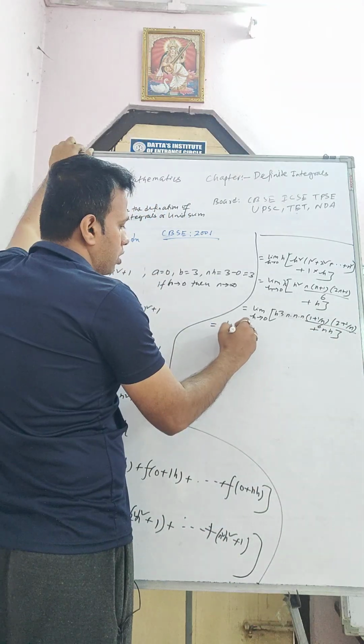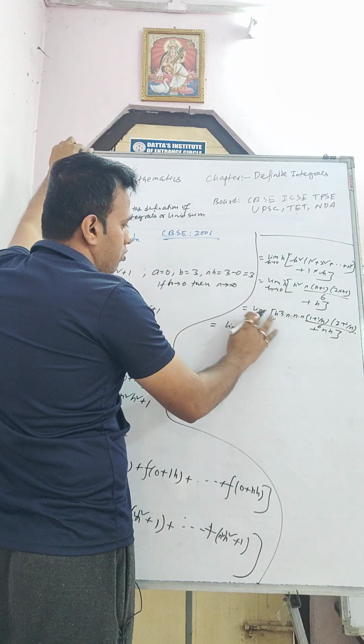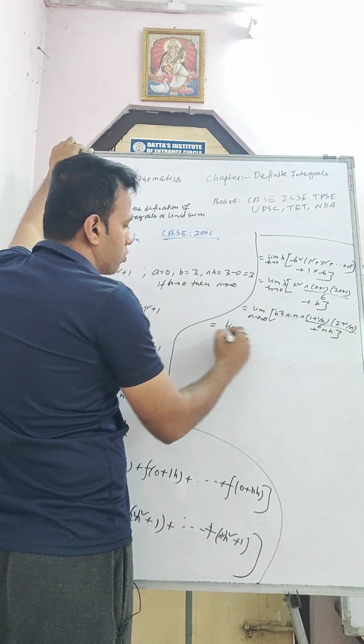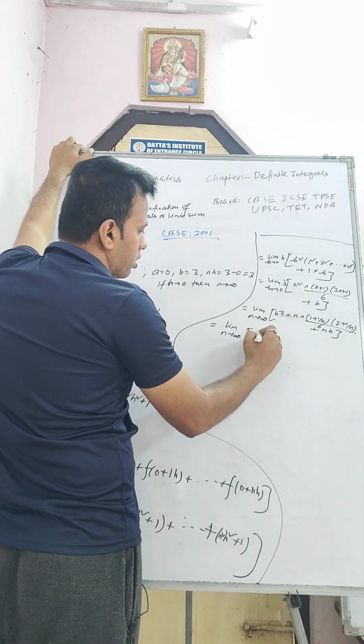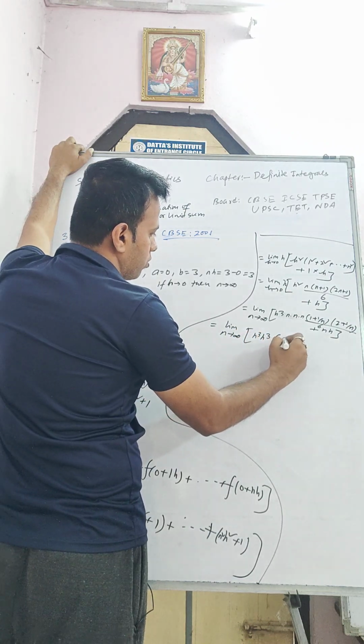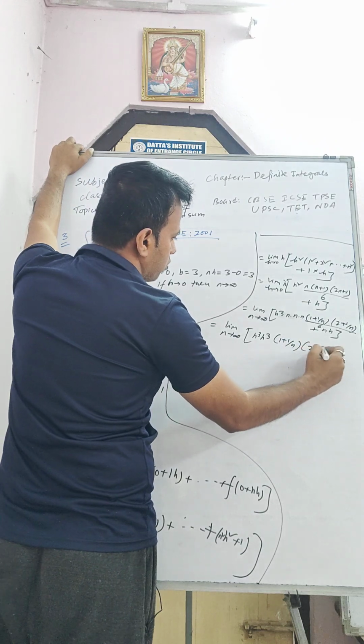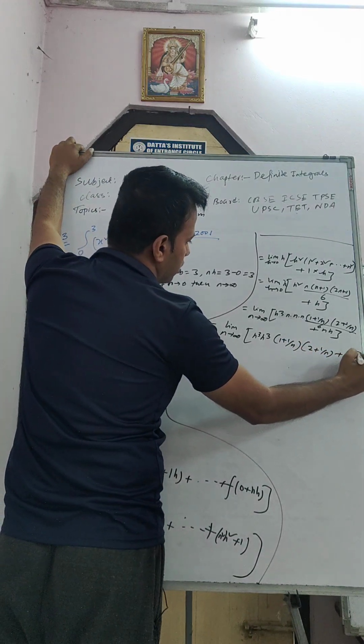Now we can replace n tends to infinite. So n cube h cube, 1 plus 1 by n, 2 plus 1 by n, plus nh.